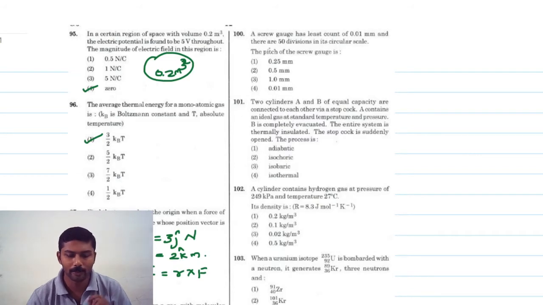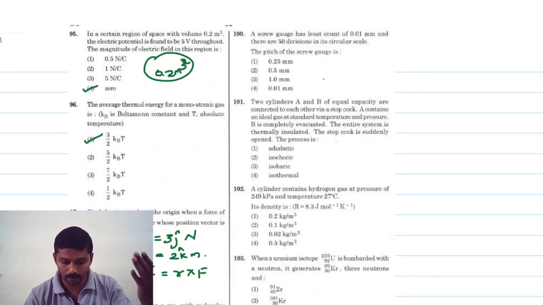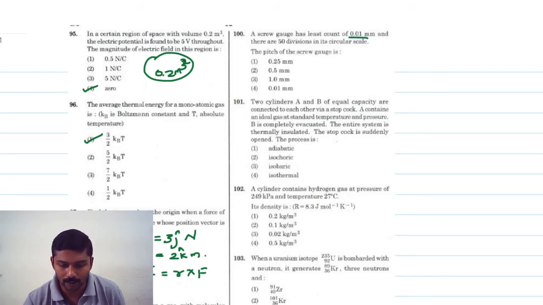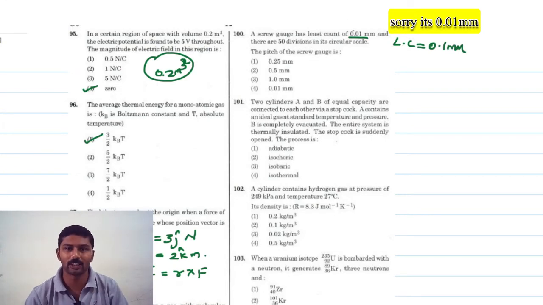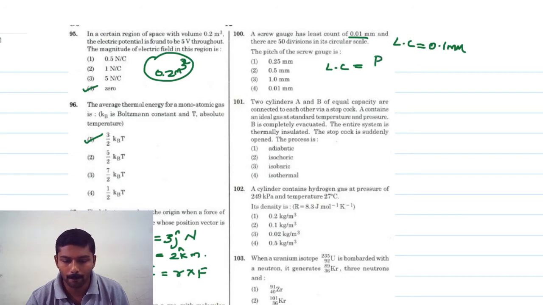Question number 100 in my question paper. This is a screw gauge question, which can be done by those who have done proper practicals in their board examination, or in their regular classes. A screw gauge has a least count of 0.1 millimeter. Least count is given. You know the equation for least count of a screw gauge. Very simple. Least count is equal to pitch divided by total number of divisions. So you have to calculate pitch here. Pitch is equal to least count multiplied by the total number of divisions.